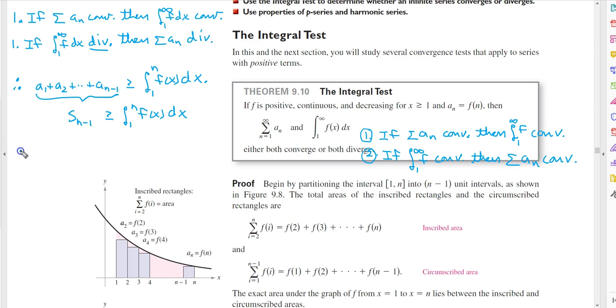So this quantity is infinity because we assumed that the integral from 1 to infinity of f of x dx does not exist, so it diverges to infinity. So therefore this limit must be infinity. And so therefore the limit of the nth partial sums here must be infinity as well.